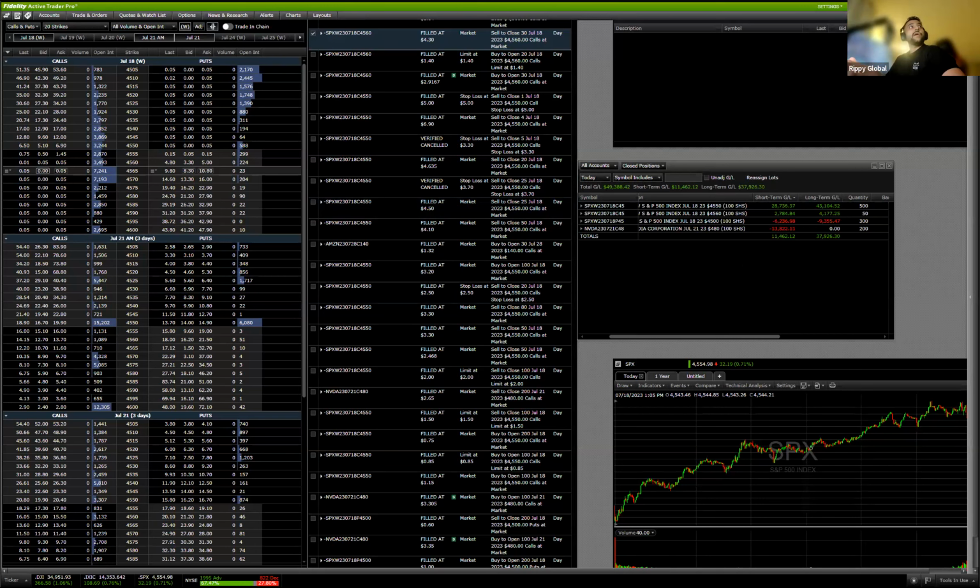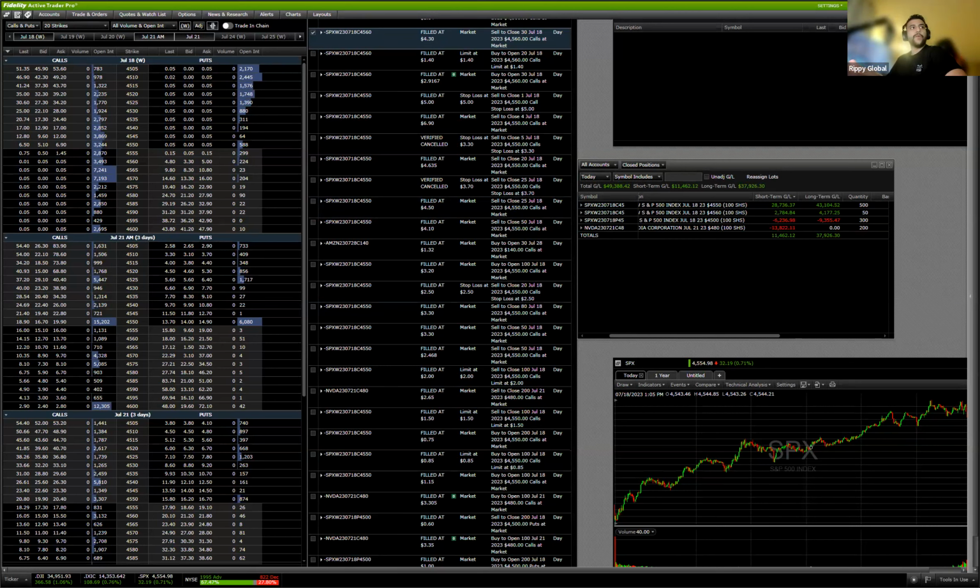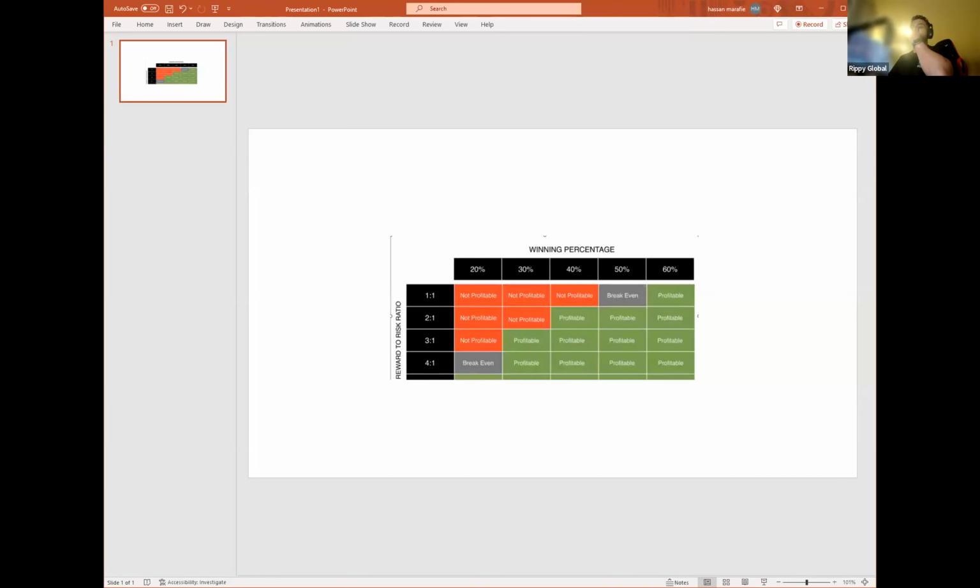So let's go and understand the reasoning and the meaning behind these win rates and what they mean from a point of view. As a trader, you should be focusing to be in the 2-to-1 risk to reward or 3-to-1 risk to reward. What that means?